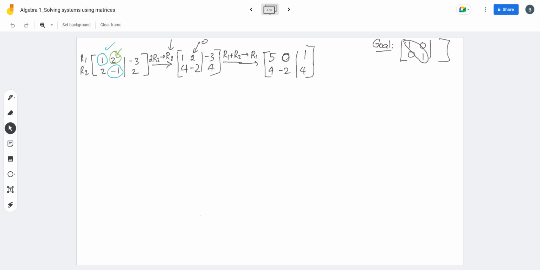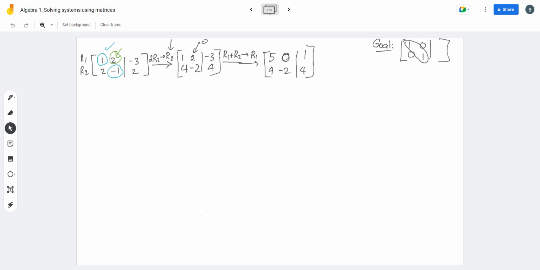Now you see, wow, at first this position was one, and this position was one. But now they changed the number, and you're kind of upset about it.